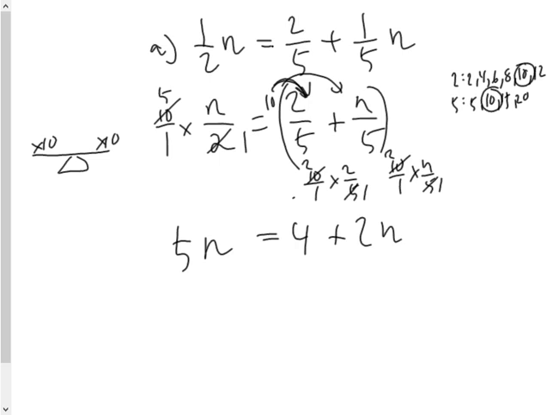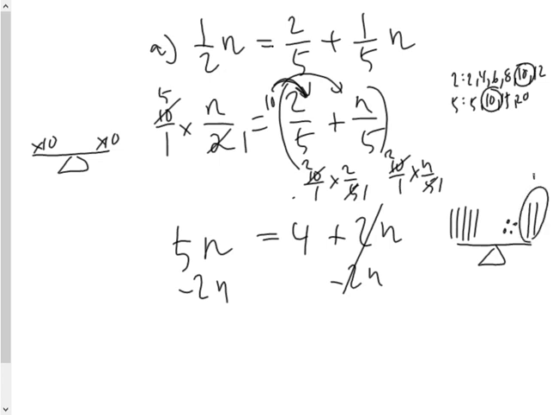Now that we have this simple equation, we have variables on both sides. The easiest thing to do would be to subtract 2n from both sides. Now you could also subtract 5n from both sides. You could also subtract 4 from both sides. All of those first steps will work. And the reason why I want to subtract 2n is because it's going to get rid of it on that side. By subtracting 2n from this side and subtracting 2n from this side, I'm left with 3n equals simply 4.